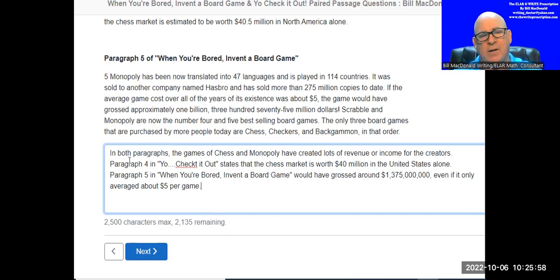And keep in mind, the reason that we said that was because we had to base it on over all the years that Monopoly's been around. It's been different prices. So we do have our answer. Created lots of revenue. That's something that comes from your own head with your own ideas.